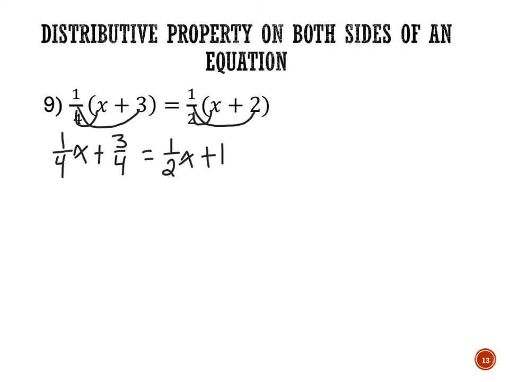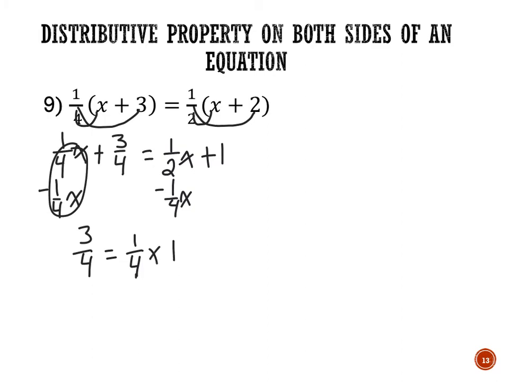So I've distributed. Now I'm going to collect the variables to one side. I am going to move my 1/4 x to my right-hand side, so I'm going to subtract 1/4 x from both sides. So that's a 0. So I have 3/4 equals 1/2 minus 1/4 is 1/4 x plus 1. I'm going to move my 1 over.